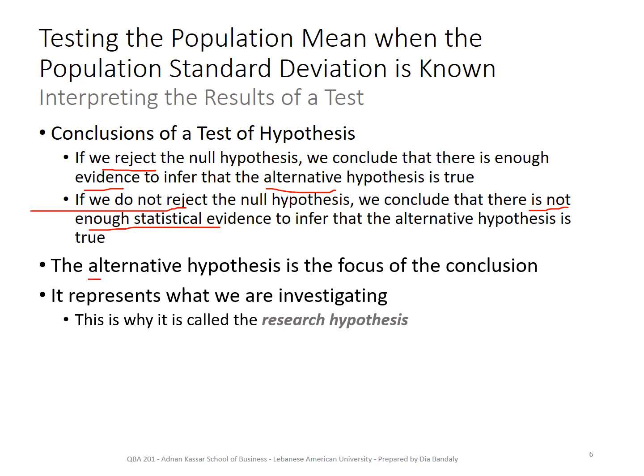Remember that the alternative hypothesis, not the null hypothesis, is the focus of our conclusion. Of course, the test procedure is not possible without the null hypothesis assumed to be true. But everything is about the alternative hypothesis. This is what we are investigating, and that's why it's called the research hypothesis. Please remember this definition for the alternative hypothesis. It's called the research hypothesis.